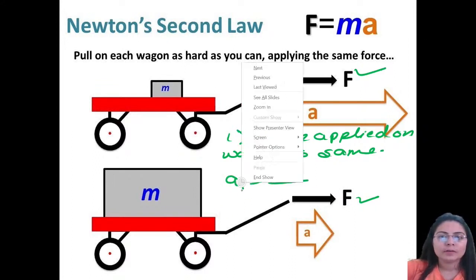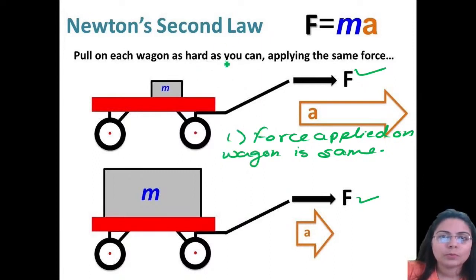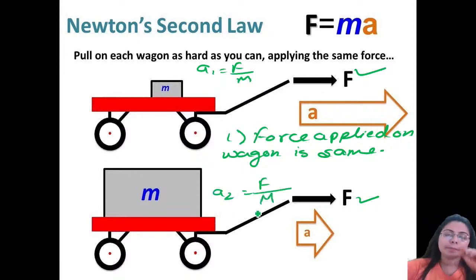A1 is F upon small m, and A2 is F upon capital M. We notice both the forces are the same.